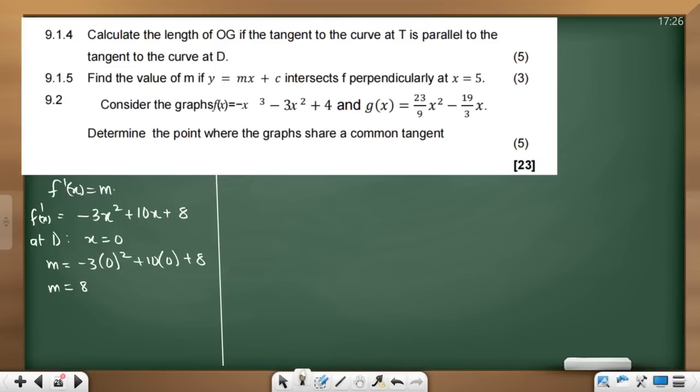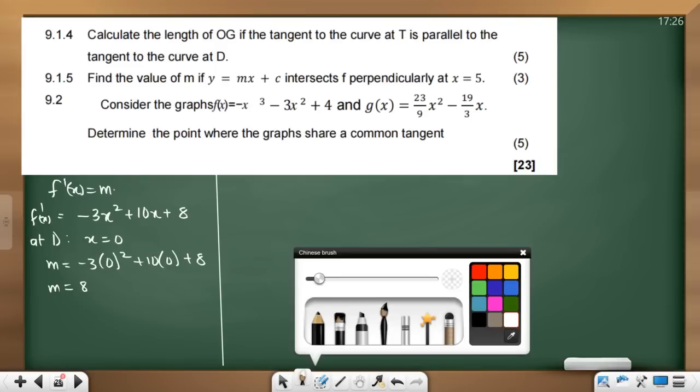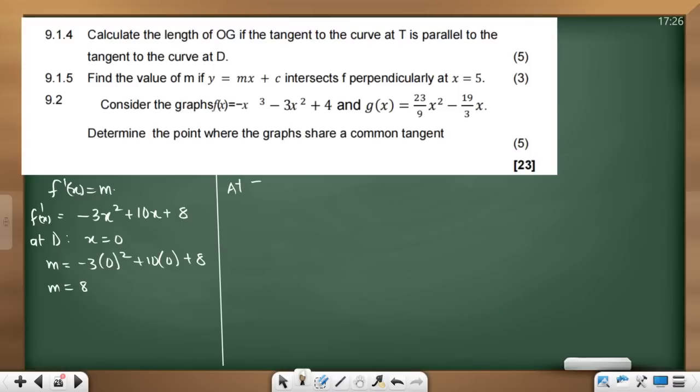Which means the gradient of the tangent at T is also equal to 8. The question is, we are looking for the length of OG, so we need the x value. At T, what do we know?